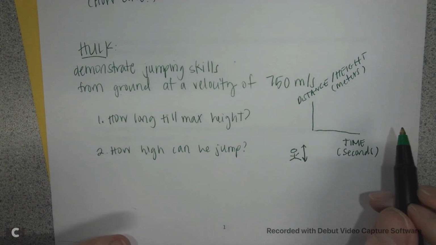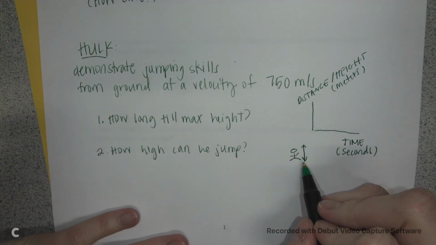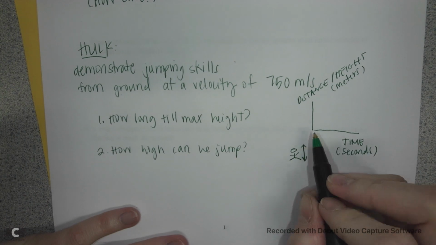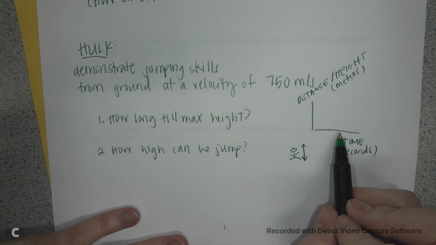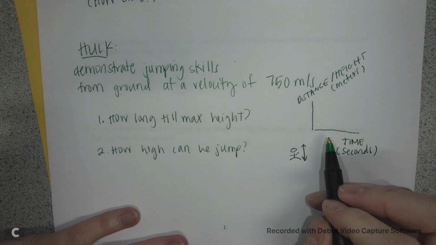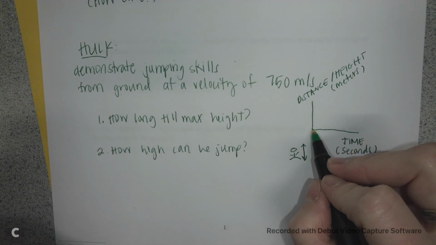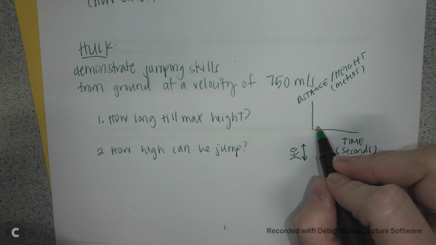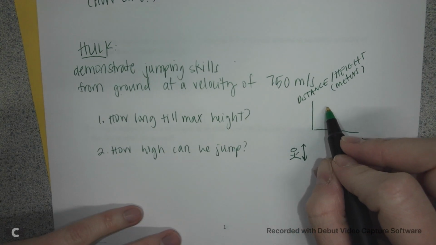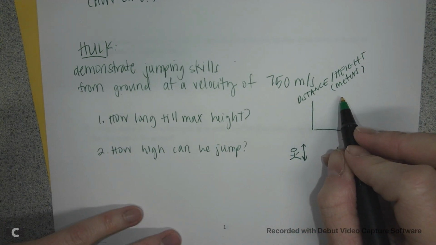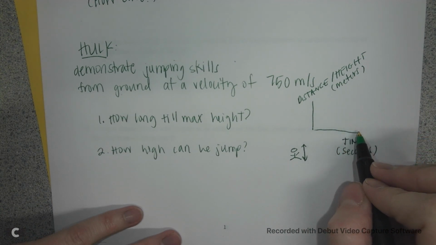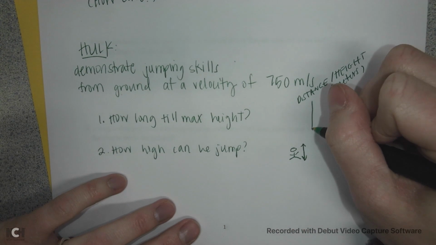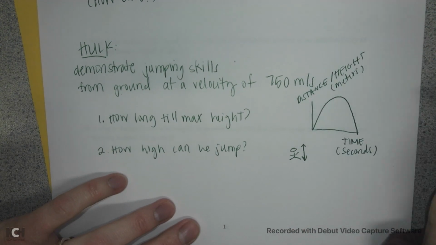Now here's what's happening though. He is jumping up, so his distance is increasing from the ground, and time passes, okay? At the very beginning, he's close to the ground, but then as time passes, he gets further away from the ground, and then there's a point where we reach a maximum, and then he gets closer to the ground as time passes, which creates a parabola.